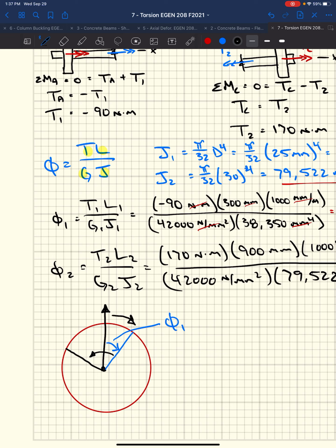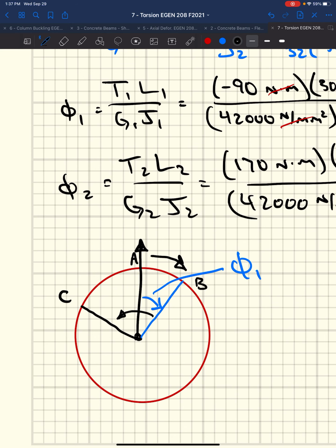This would be at A, this would be at B, and this would be at C. This is the angular rotation from B to C, the angular rotation 2, or the shaft 2.